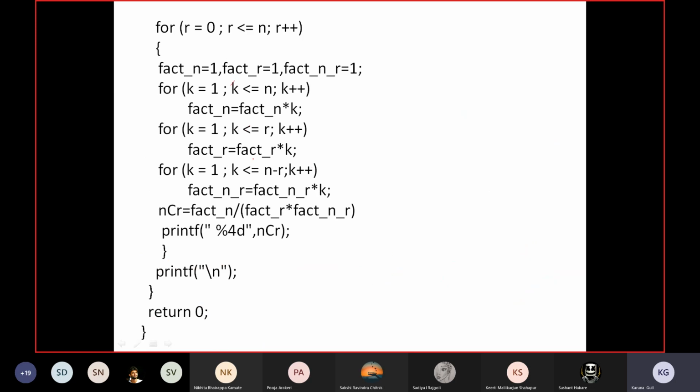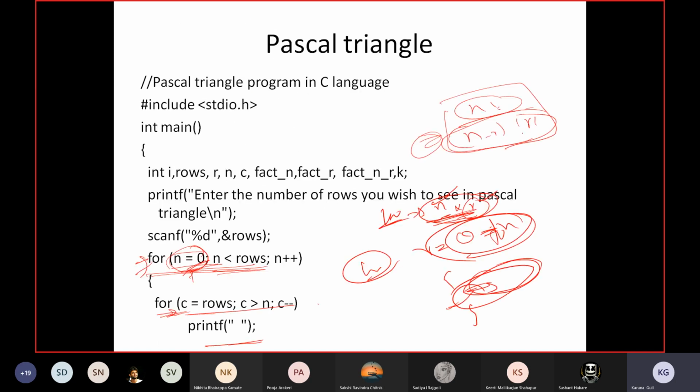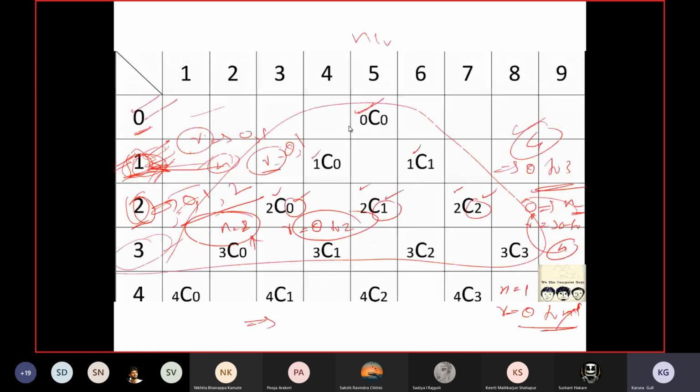This for loop is telling me to start from 0 and end at whatever value I have started, in which row you are standing. So that is n here. This 0 is the r value. If you are standing on the first row, this is going to range from 0 to 1.